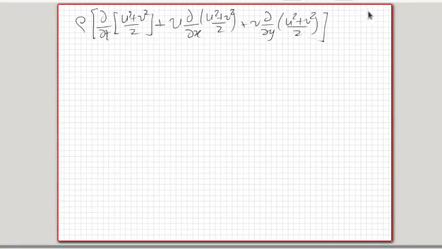So this will be the left hand side of the x momentum equation multiplied by x plus y momentum equation multiplied by y.